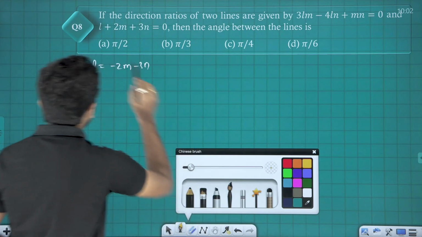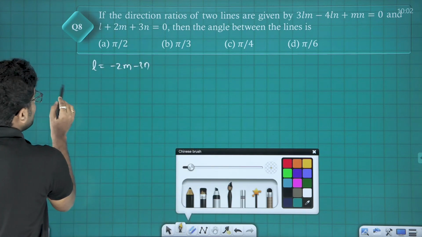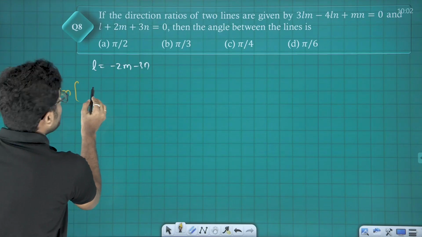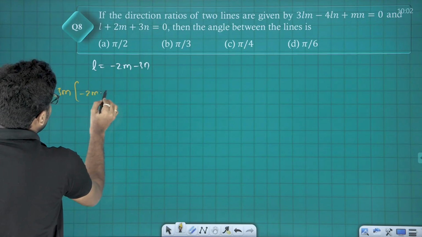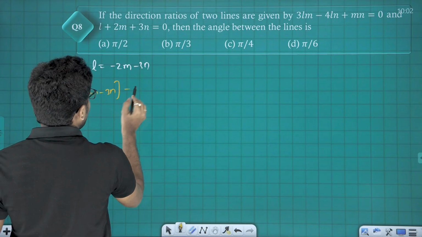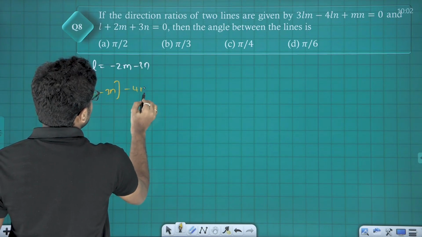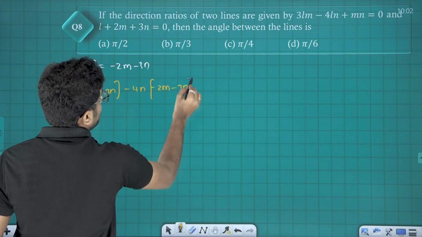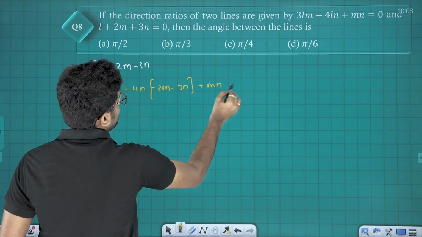Now when we substitute this value, 3m times minus 2m minus 3n minus 4n times minus 2m minus 3n plus mn is equals to 0.